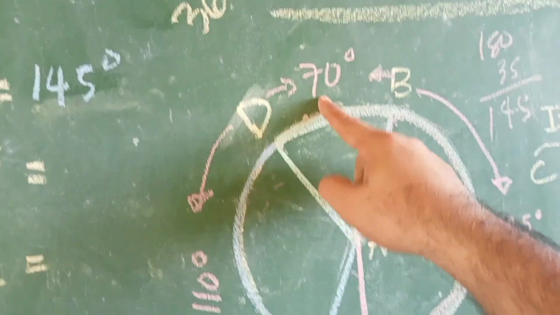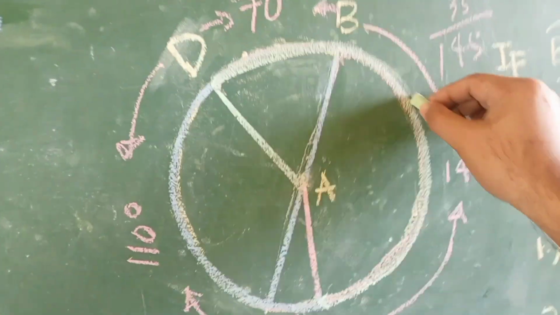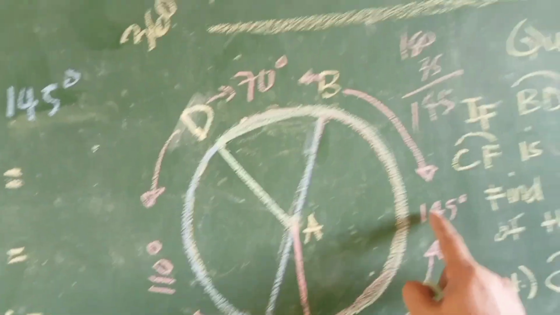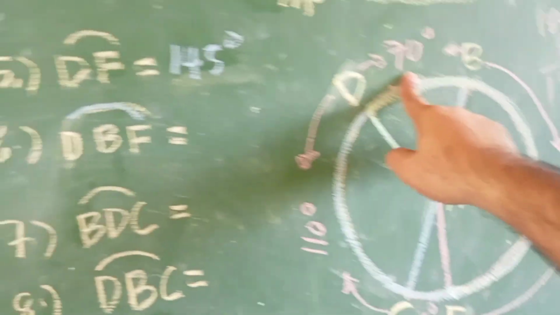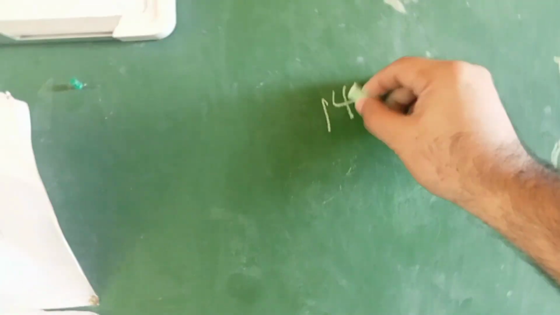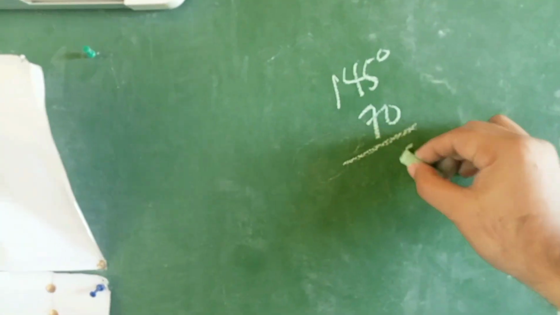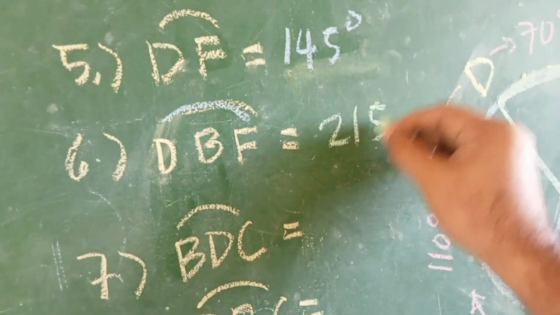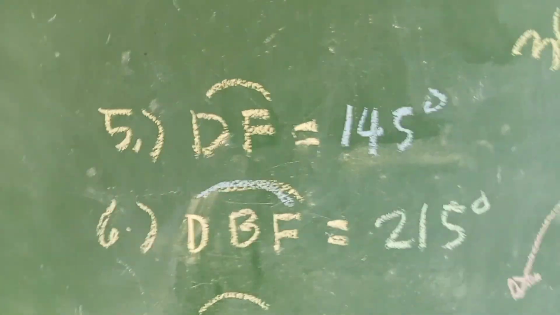So arc DBF is equal to 145 degrees plus 70 degrees, which is equivalent to 215 degrees.